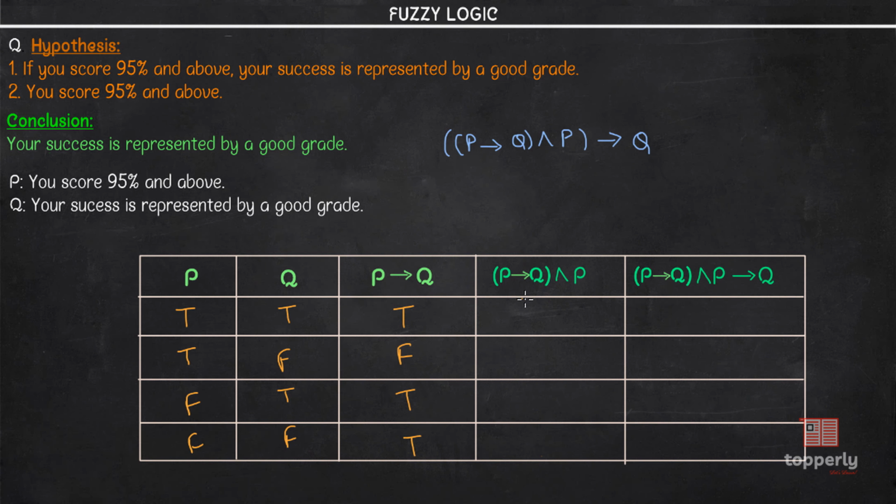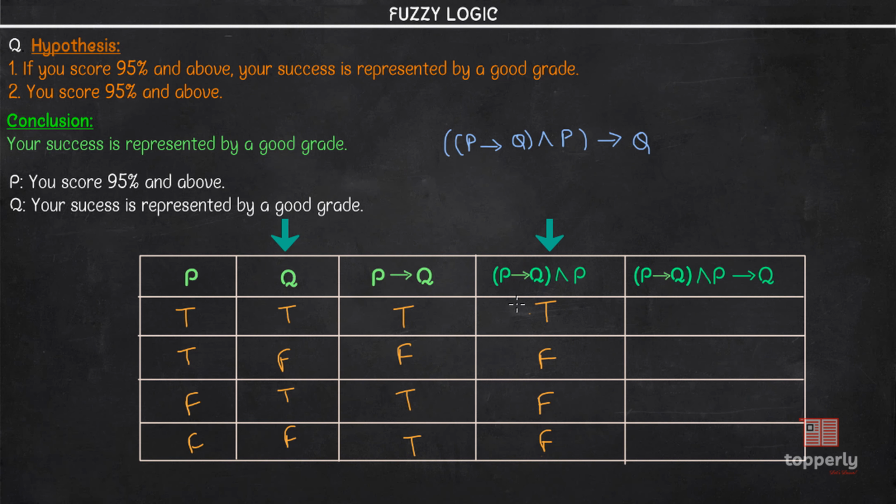Then we have P implies Q conjunction P. So you have to consider this column and this column. So true and true will give us true, true and false will give us false, false and true will give us false, and false and true will give us false. Lastly, we have P implies Q conjunction P, the whole thing implies Q. That means we have to consider this column and this column.